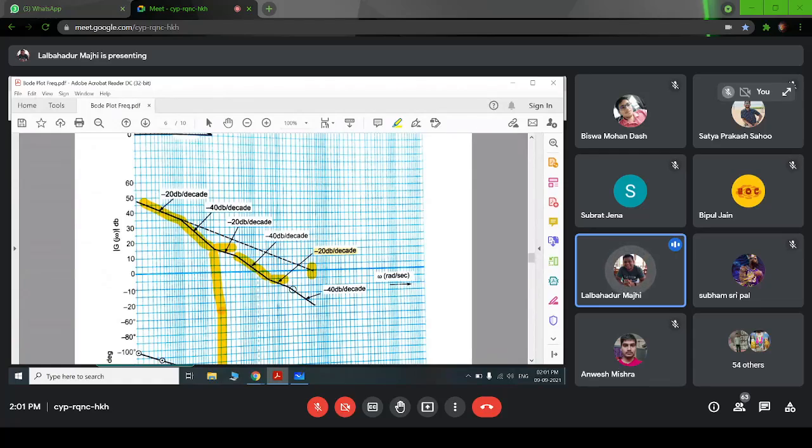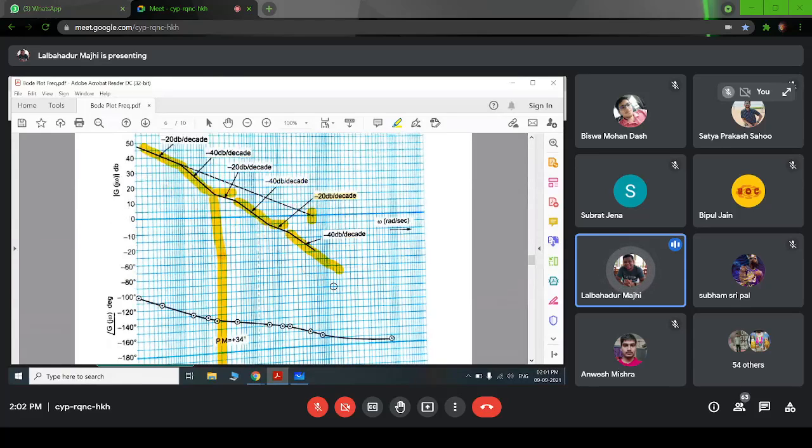From the corner frequency 10, our last corner frequency, we draw a minus 40 dB per decade slope. As we don't have a next corner frequency, we just leave it like this. You don't have to intersect this magnitude plot with the phase plot.